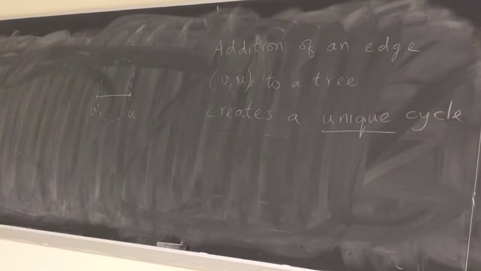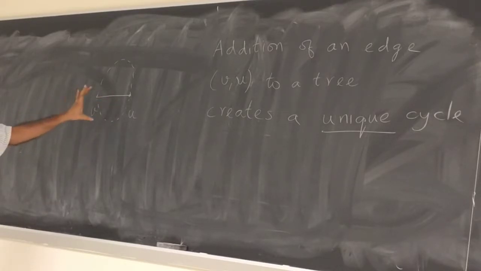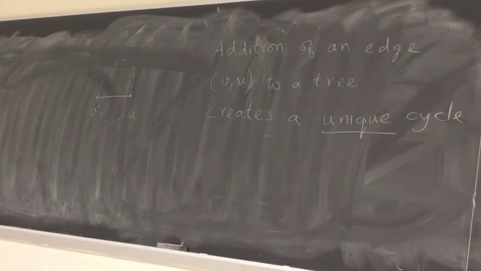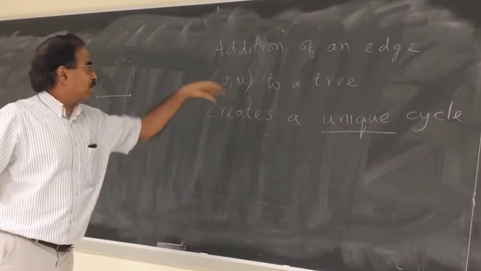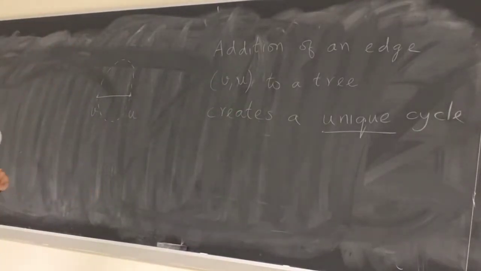Is that clear? When you add this edge, you can create only one cycle, because otherwise, if it is creating multiple cycles, then there must already have existed a cycle, and so your original assumption that this was a tree is invalid. So addition of an edge to a tree creates a unique cycle.